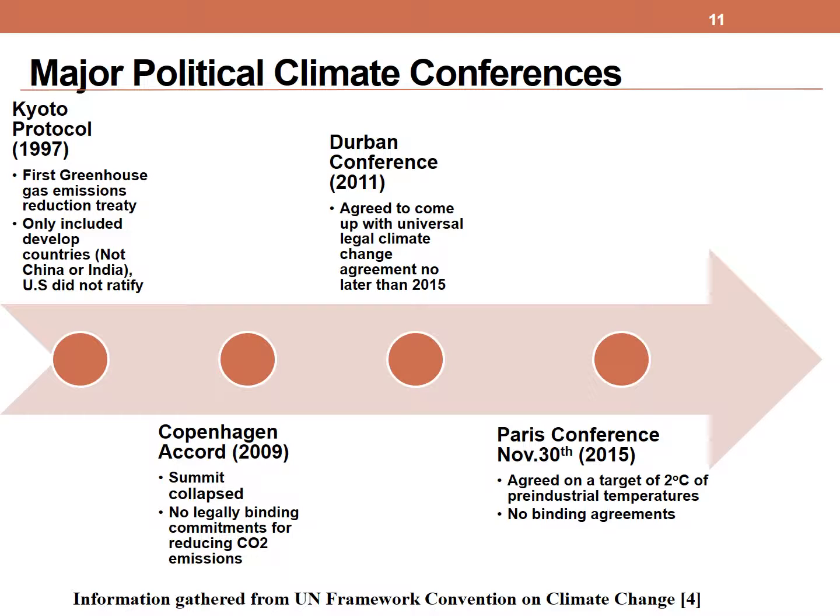In this conference, it was agreed on a target of 2 degrees Celsius above pre-industrial temperatures, although no binding agreements were made. As of now, we are 1.5 degrees above this pre-industrial temperature, so we're looking to reduce the increase of 0.5 degrees.